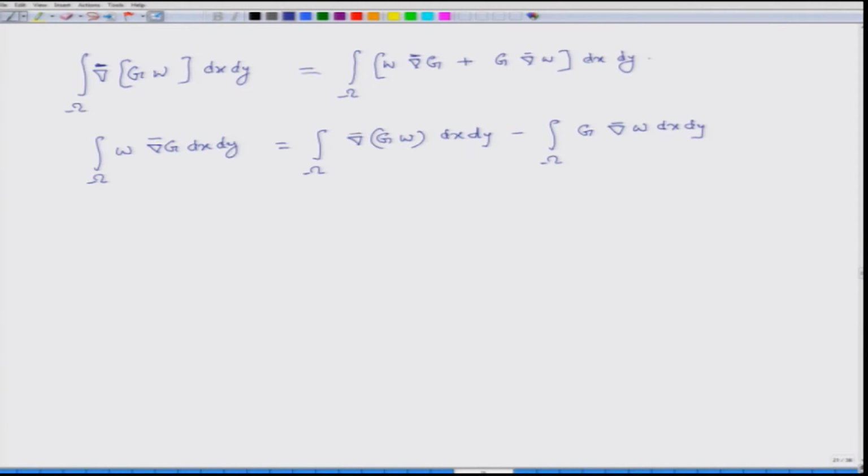Now we continue, and we know that the left side can be written as w times gradient of g times dx dy, and it is equal to, using the gradient theorem, this we keep as is, and here we apply the gradient theorem.